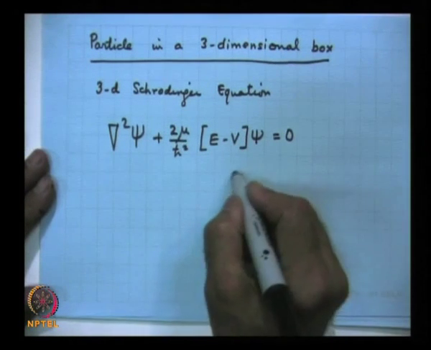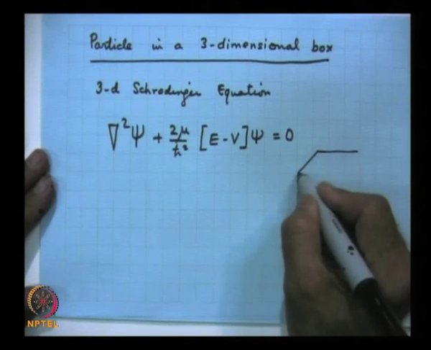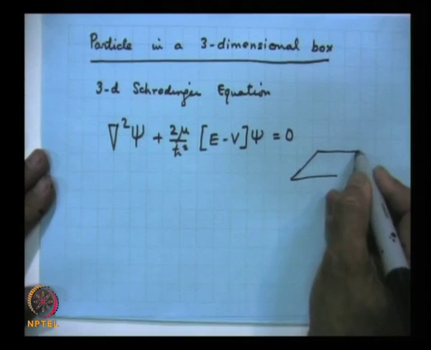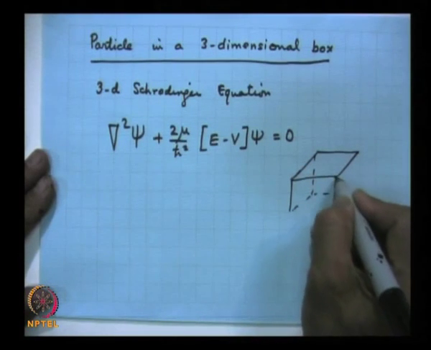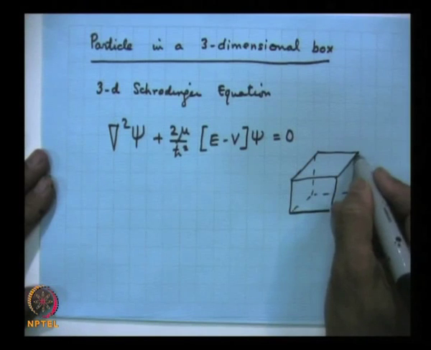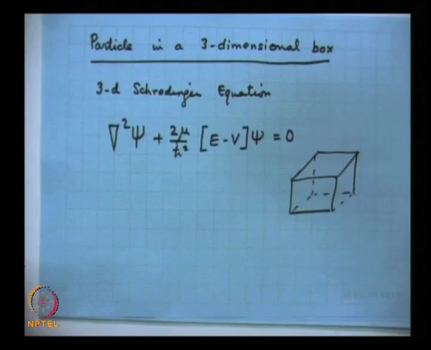Now, I consider an electron or a proton which is confined inside a box, whose side is L. That is what I mean by confined. It is an infinitely deep potential well, but it is a 3-dimensional box. The particle cannot go out of the box, and therefore, the wave function has to vanish at all points on the surface of the box.